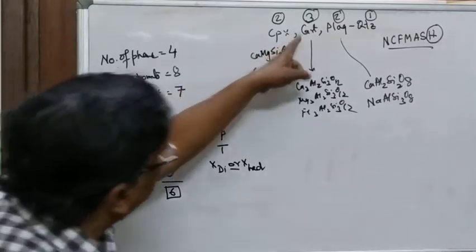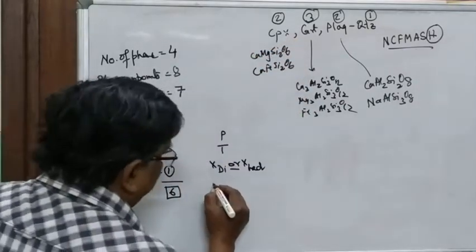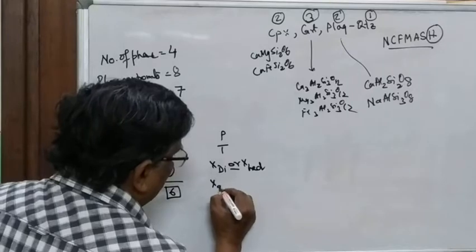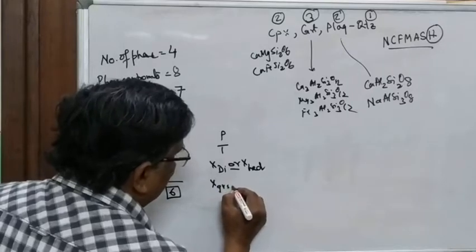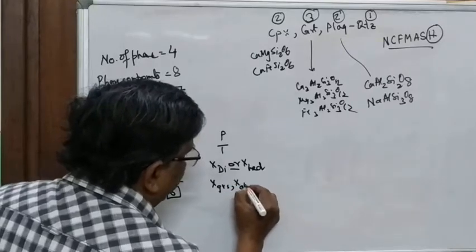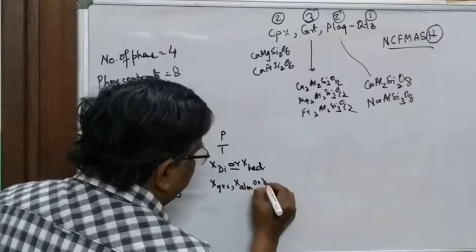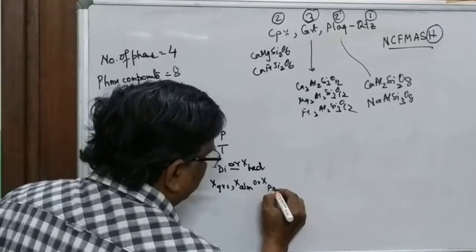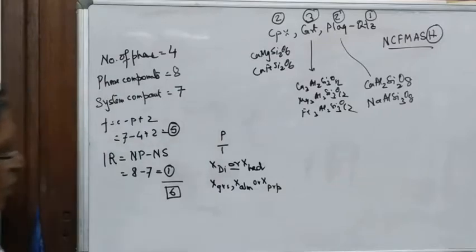Then you have garnet, for which you can write X grossular, X almandine, or X pyrope, or you could reverse it, it doesn't matter.